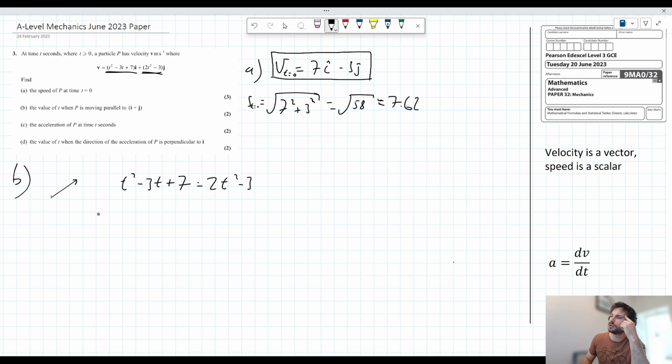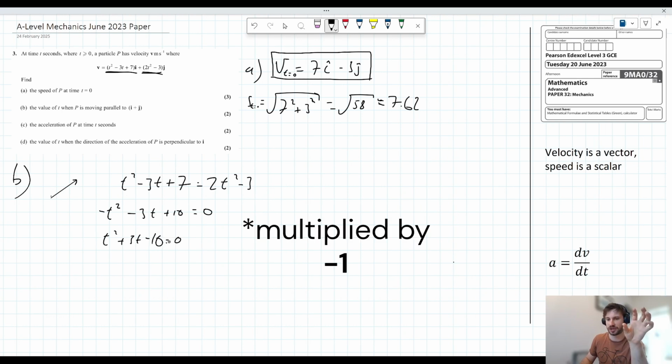Let's subtract 2t squared from both sides, which gives minus t squared, and let's add 3 to both sides. We've equated this to 0, as is standard for solving quadratics. I've just multiplied both sides by minus 1 there, and I trust that you are familiar with factorizing quadratics.